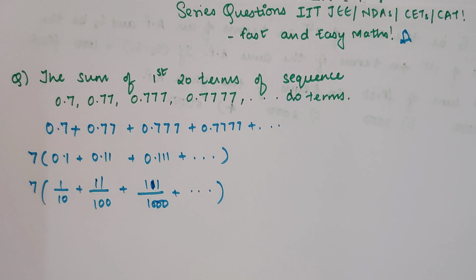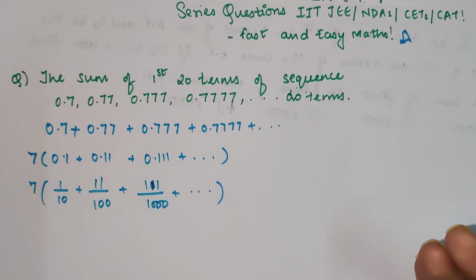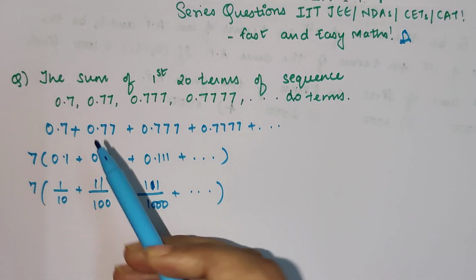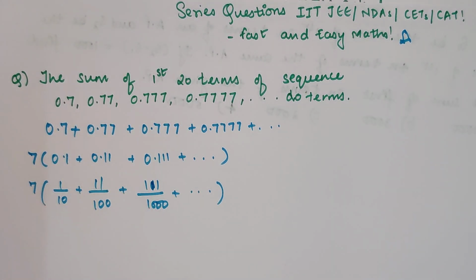Now this is where your trick will come into picture. Why am I using this trick? Because we are getting stuck after this, we don't know how to do it. In any question where any particular number is given, let's say instead of 0.7 they had given you 0.5 or 0.4, then also you would use this particular trick only.